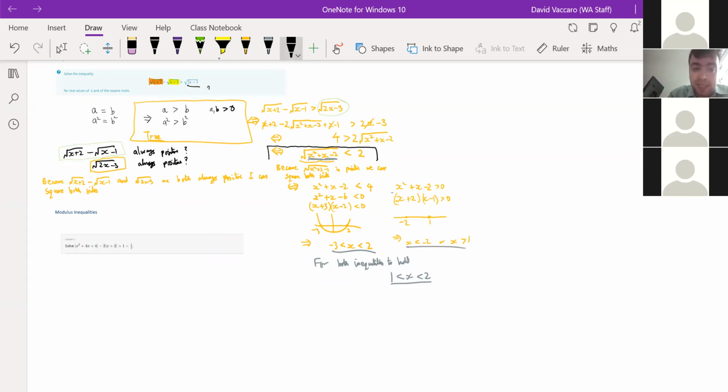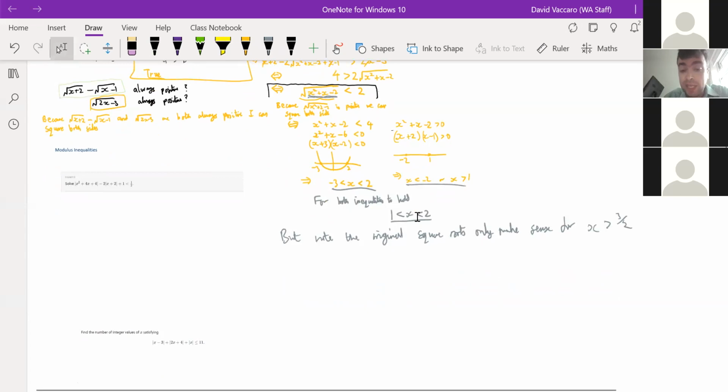So what we need to say at the outset is that, but note, the original square roots only make sense for x bigger than 3/2.